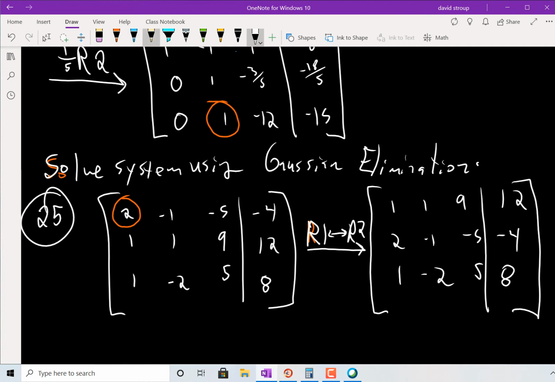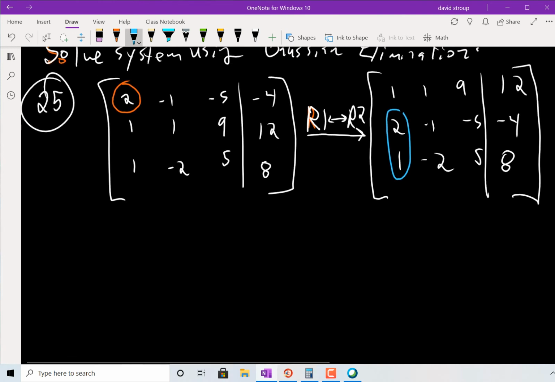Okay, second step then, I need to get zeros below that pivot position. Okay, I'm going to kill 2 birds with 1 stone here. So to get a 0 in that second row, first position, I'm going to multiply the first row by negative 2 and add it to row 2. And then to get 0 in the first position of the third row, I'm going to multiply negative 1 times row 1 and add it to row 3.